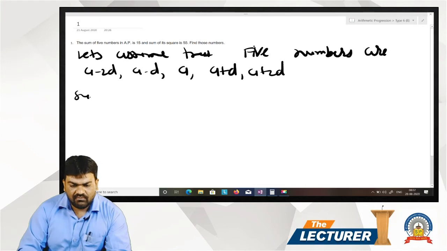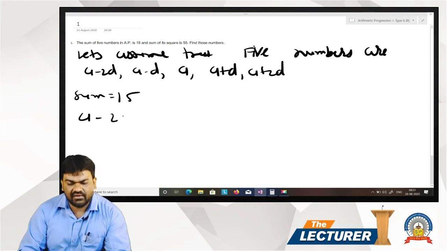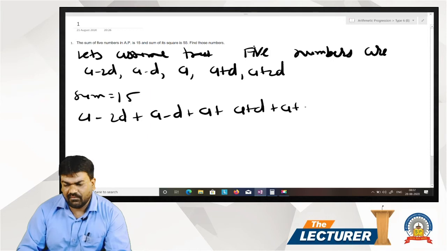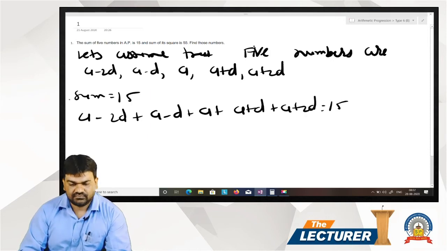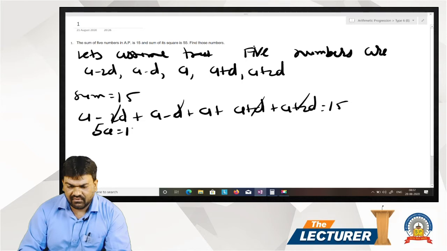First of all, the sum is given as 15. The sum of these 5 is equal to 15. The 2d and minus 2d cancel, d and minus d cancel, 5a is equal to 15, so a is equal to 3.